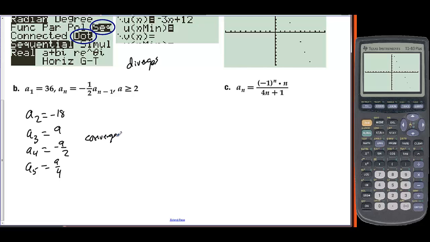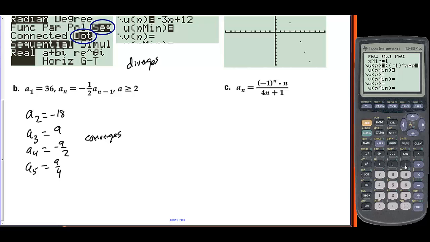Let's look at example C. We have a sub n equals negative 1 to the n times n over 4n plus 1. If you hit y equals, we can enter the function in. We have negative 1 raised to the n times n.